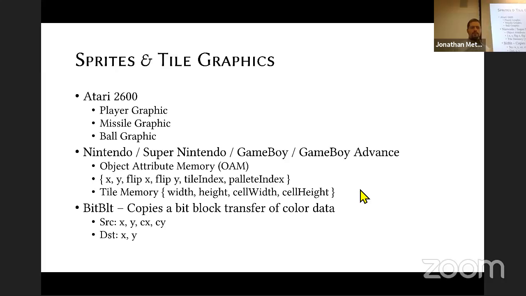So the first one, sprites and tile graphics. We took a look at the Atari 2600, especially in a homework situation. It's very simple: you have a player graphic, a missile graphic, and a ball graphic. People have been able to do tricks with those because you can control them on every scan line, so you're not limited to a single pixel or even a single pattern.